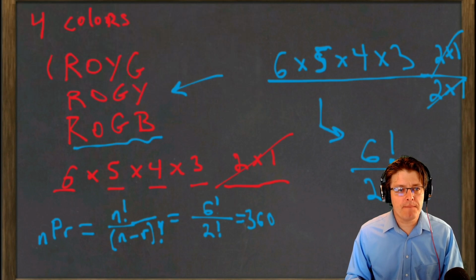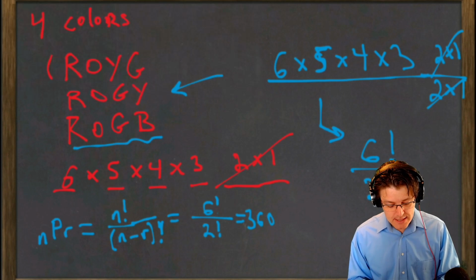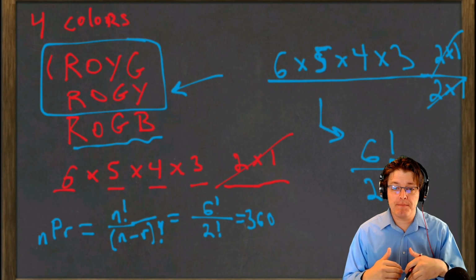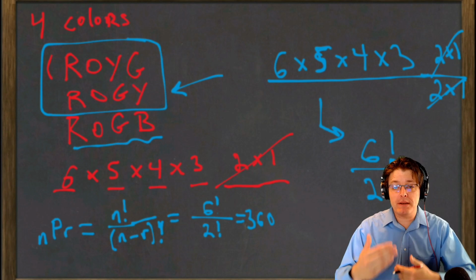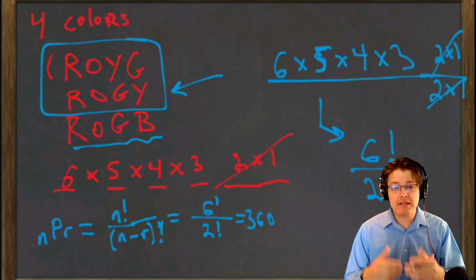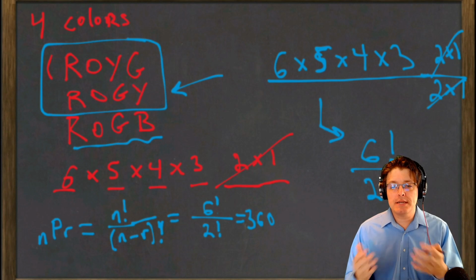That's going to allow us to deal with the fact that when dealing with permutations, these are different, but with combinations, they're the same. And that's going to happen a number of times. Every time we write down all of these permutations, a certain amount of them are going to be doubling up.